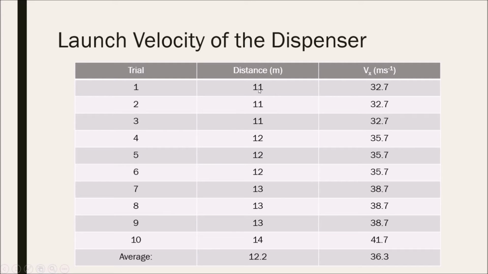I mean, of course, you could shoot it shorter if you don't pull it out to its max, but if you hold on to it until it goes out as far as it can go, then you can find the max velocity. But as for the dispenser, it only shoots one velocity because it's just activated by a redstone signal, and it averages out to 12.2 meters, and the velocity averages out to 36.3 meters per second.